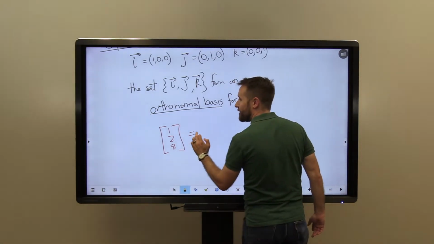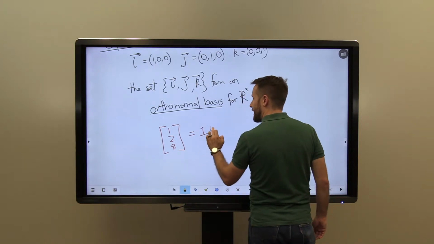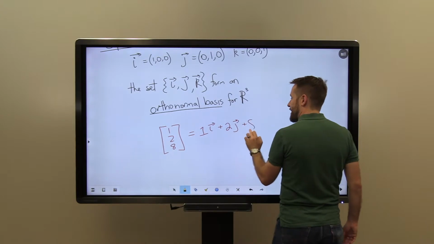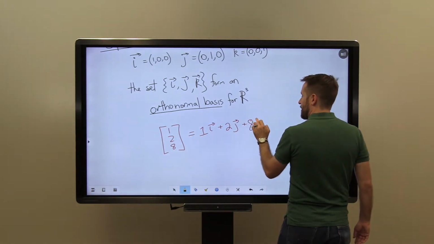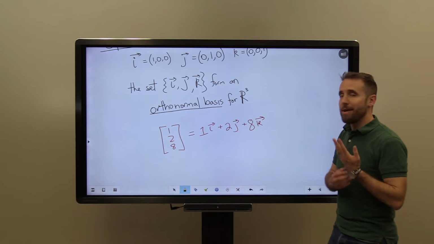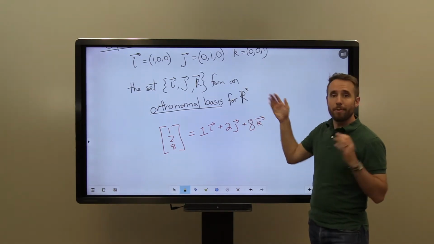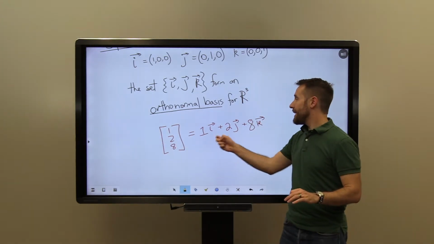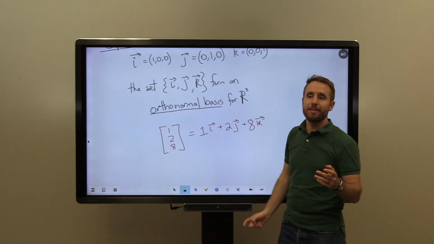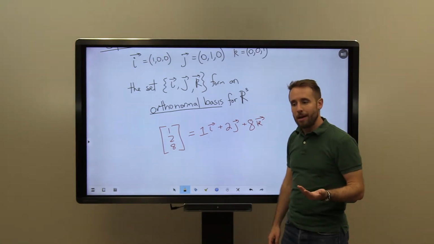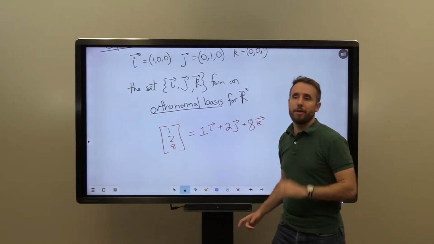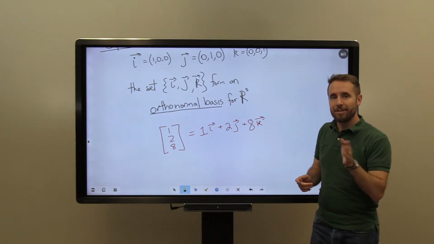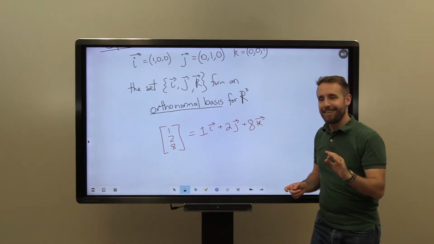Specifically, this vector is equal to 1i plus 2j plus 8k. And so when I say that i, j, and k form a basis for R3, what I mean is that I can write this vector using those i, j, and k vectors. And I can do this in a unique way. Again, that is more the domain of linear algebra, but I want to introduce that language here, the orthonormal basis i, j, and k. All right, love it.